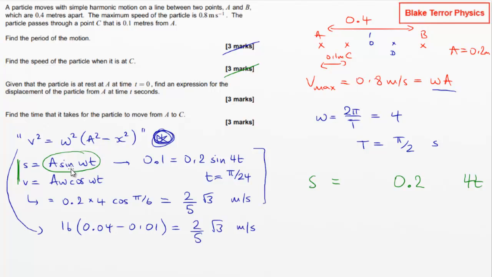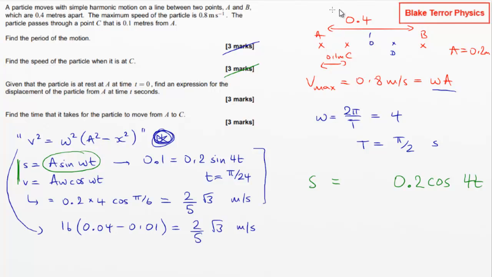Right, so if we're starting at A rather than O, we don't want sine in there because that keeps us at the equilibrium point, whereas cosine gets us at the amplitudes. So we're going to want a cos in there. So we've got a 0.2 cos 4t, because that's going to put us at an amplitude.